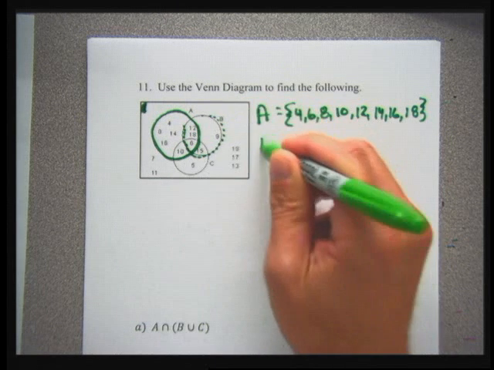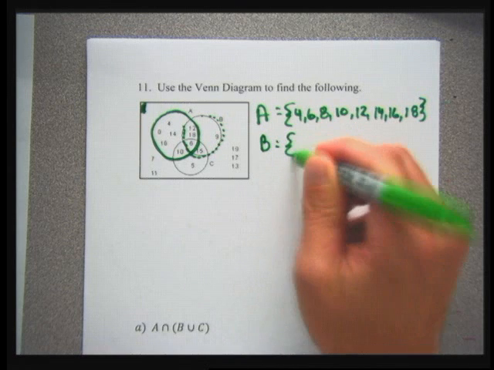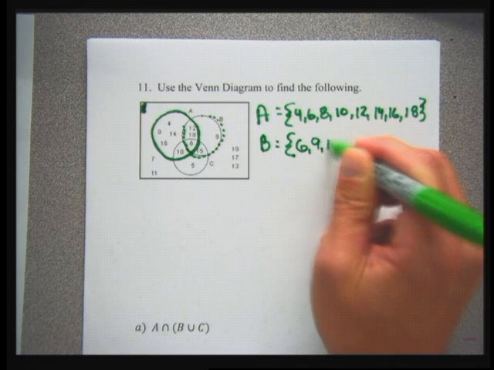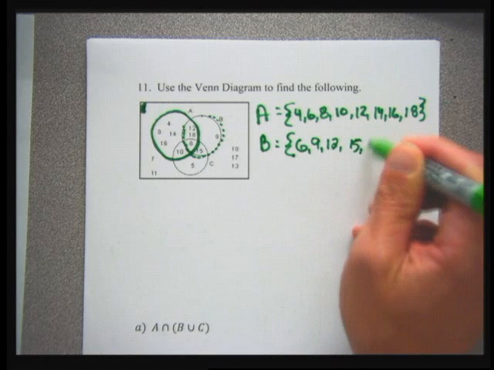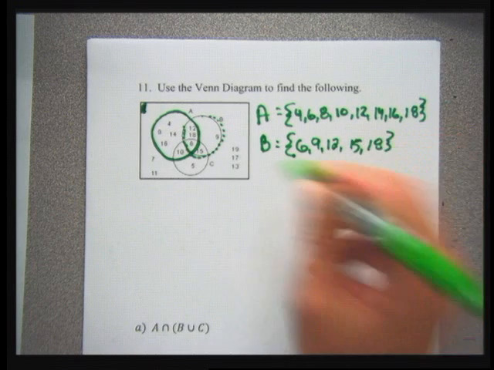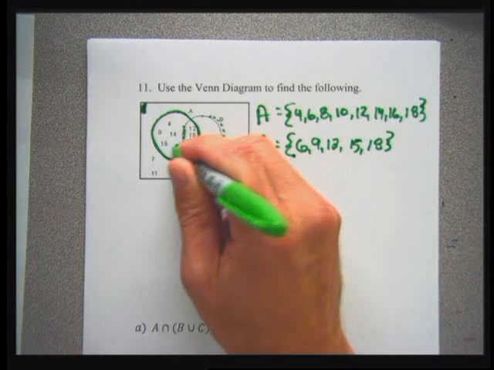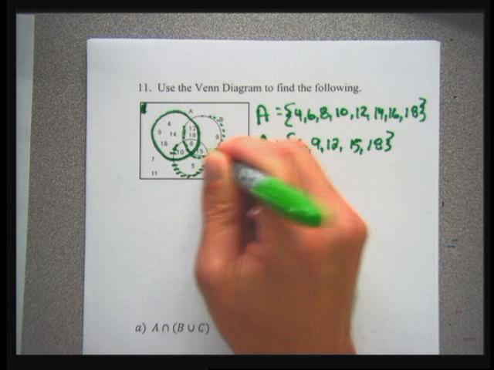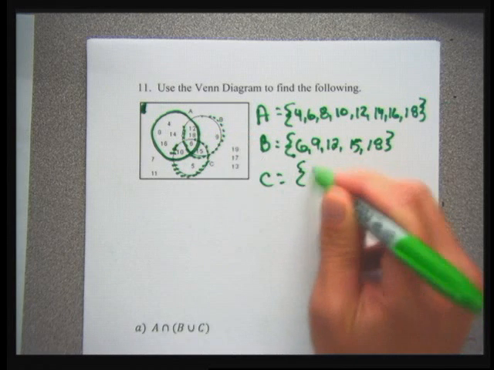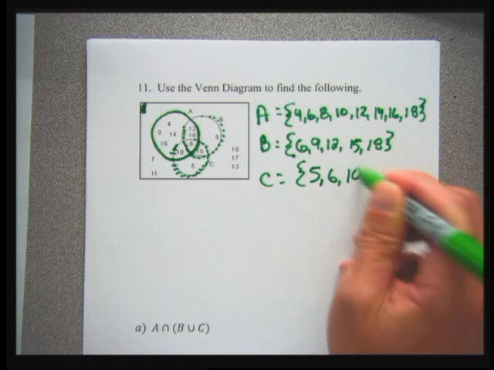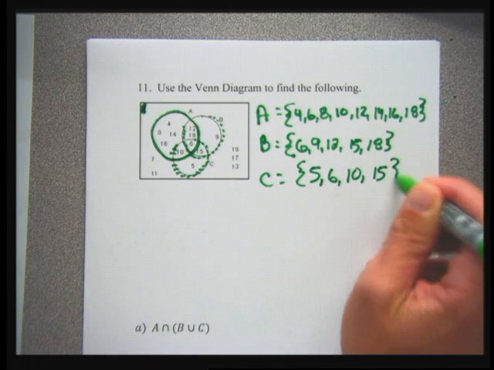And the B circle contains 6, 9, 12, 15, and 18. And C is anything inside the C circle, which is the numbers 5, 6, 10, and 15.